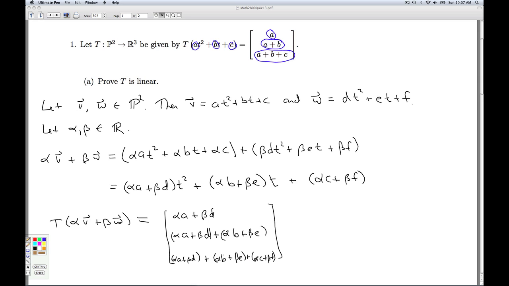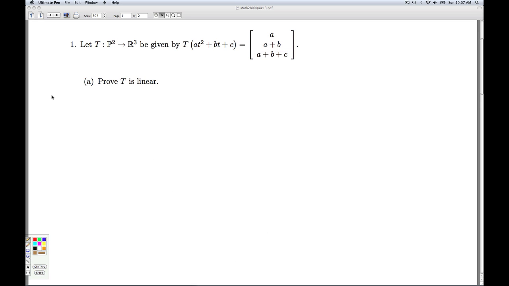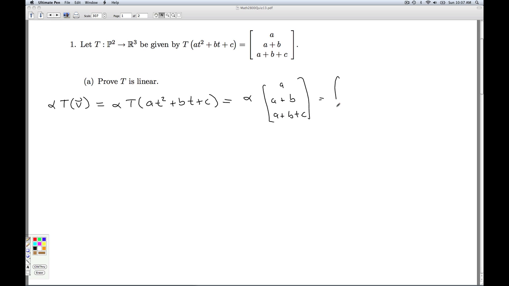Now what I have to show is whether this is the same as alpha T of V plus beta T of W. So let's look at alpha T of V. That's alpha T of AT squared plus BT plus C, which is alpha times this. Now I can distribute that alpha through.